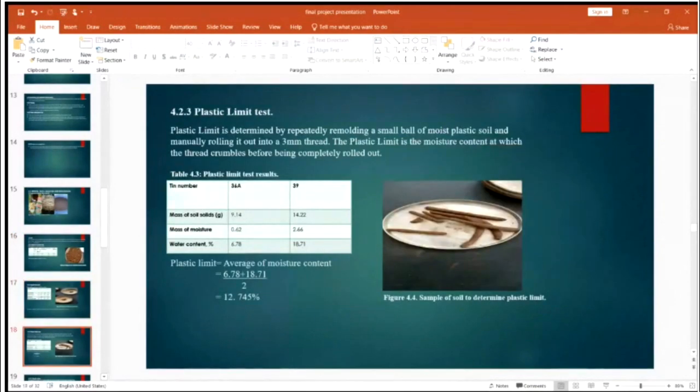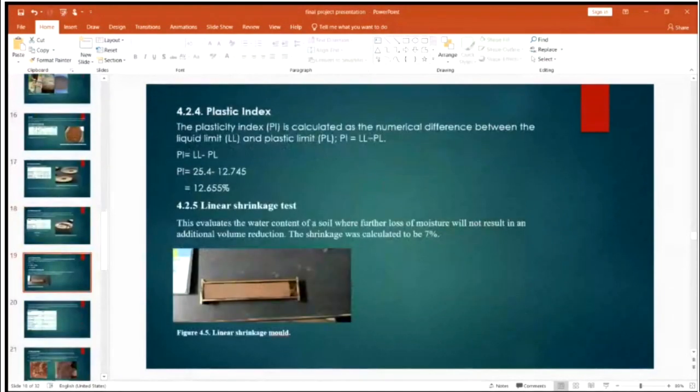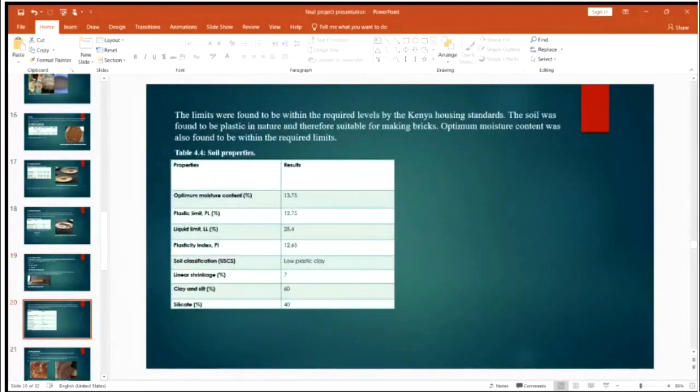We found 7.45%. From the plastic limit, we found the plasticity to be 0.655%. In the linear shrinkage test, it was calculated to be 1%. From the results of those tests, we classified the soil according to the US standards to be local.